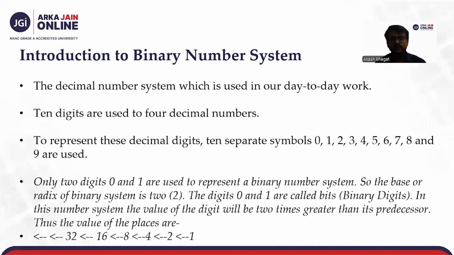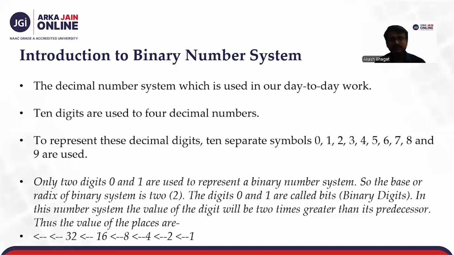Only 2 digits, 0 and 1, are used to represent the binary number system. As I already told you, the base of the binary number system is 2. The digits 0 and 1 are called bits, that is, binary digits.